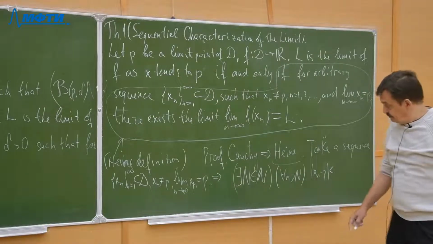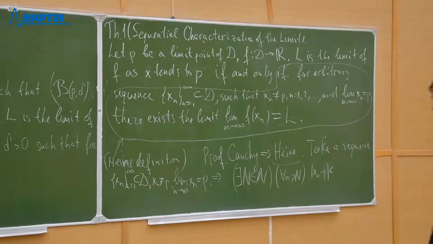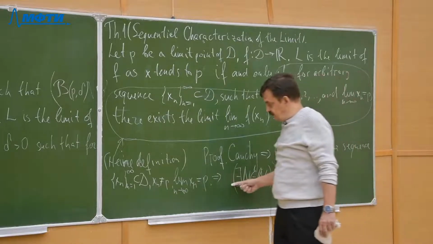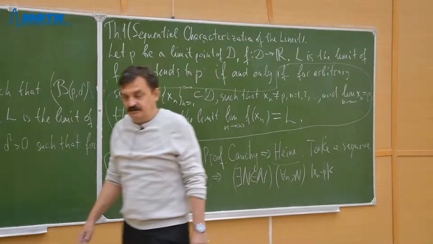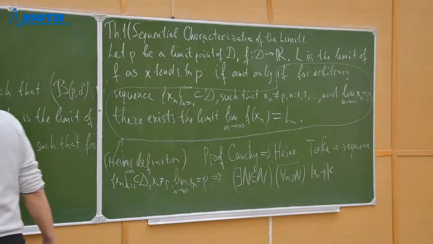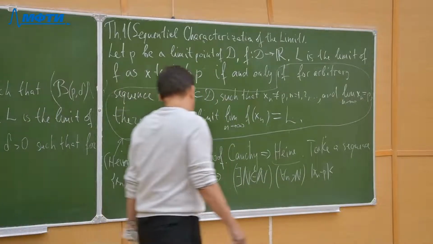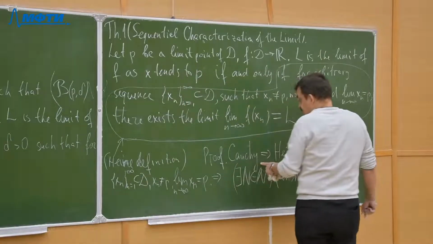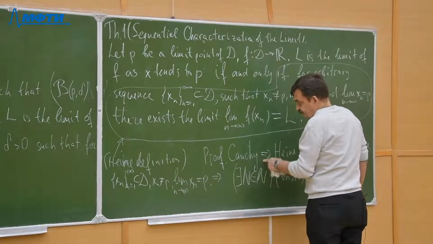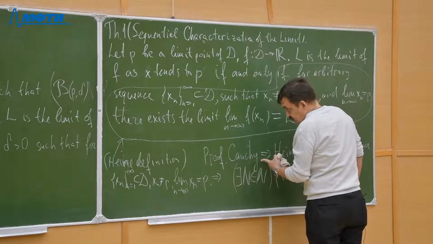And look, I didn't write here for arbitrary epsilon greater than 0. Why? Because now we suppose the Cauchy definition is valid.